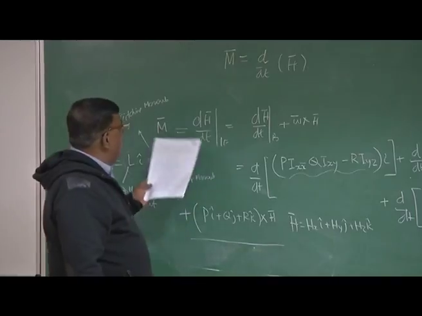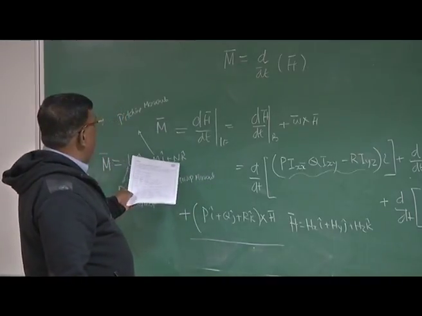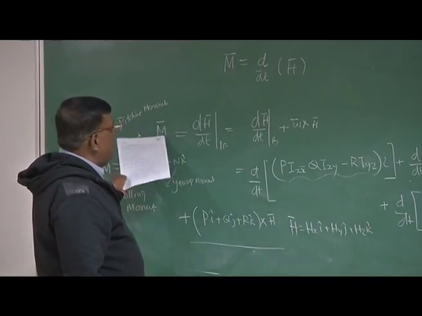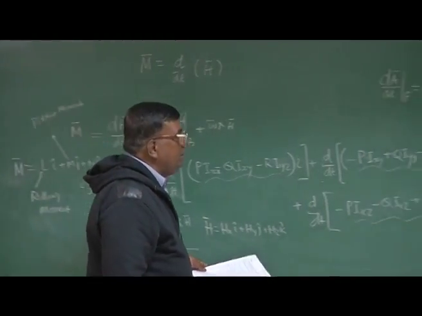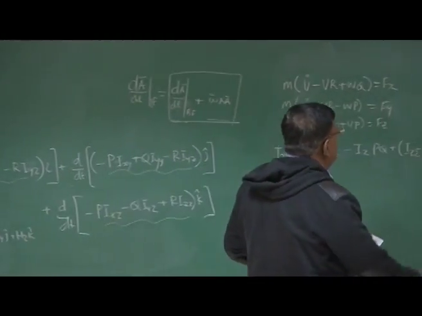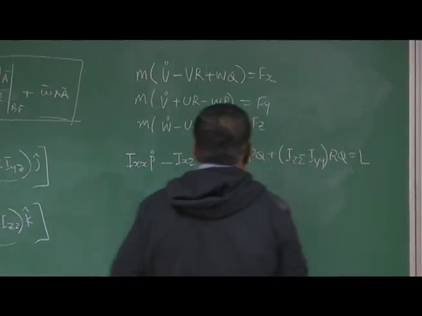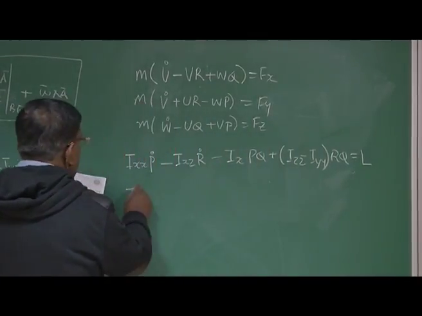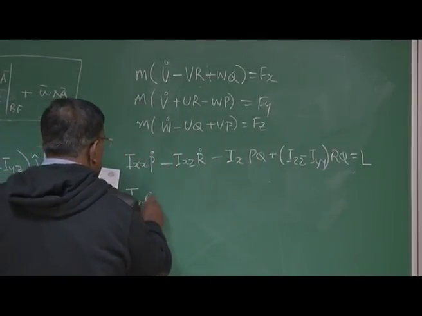So now if I take L, M, N and compare their scalar components, we get this sort of an equation. This is L, which is rolling moment, and then you will get Iyy q dot.